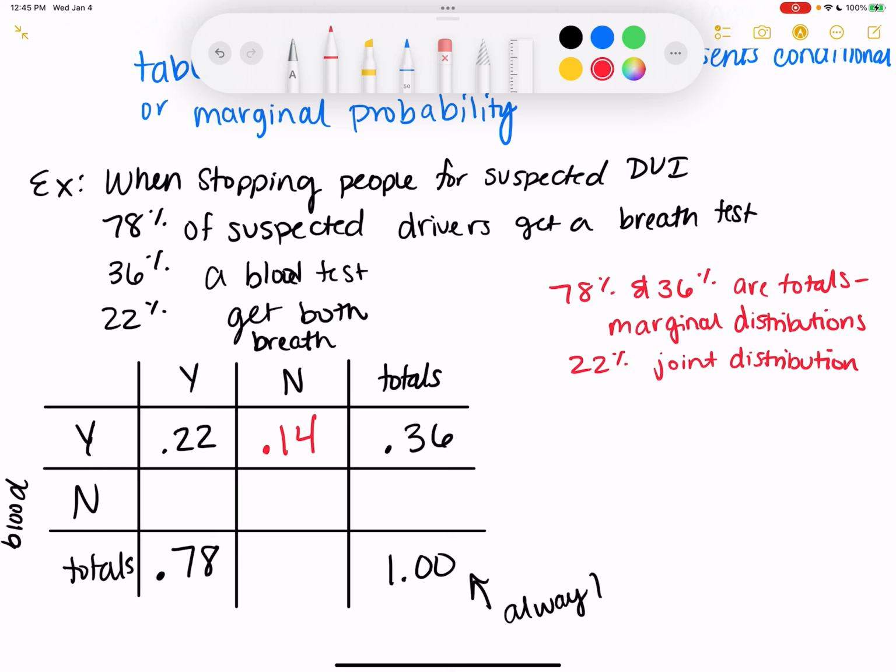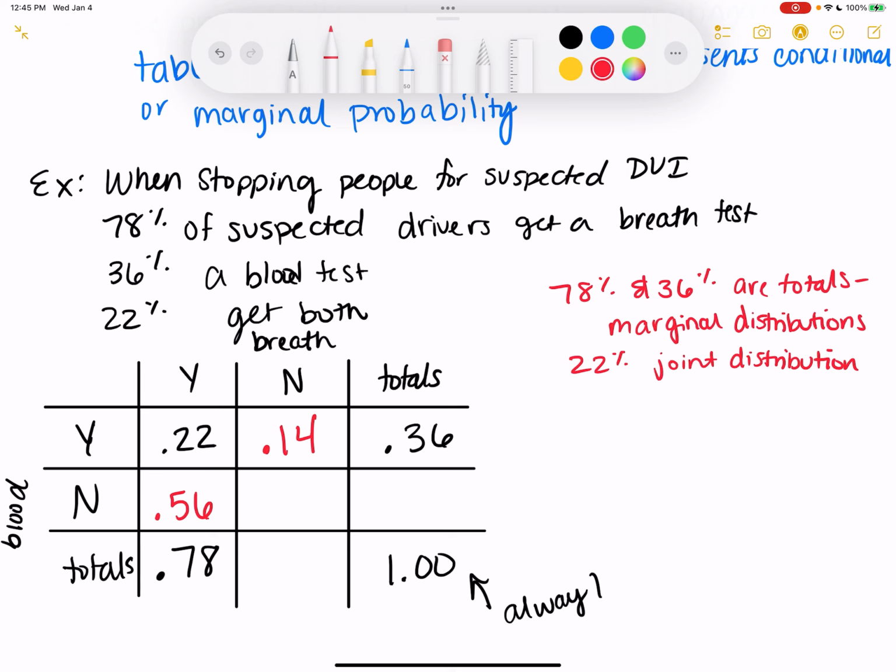So we have 0.78 total. We had 0.22 that was yes for both. So now I need yes for breath, no for blood. And then I can find these other 2 totals, which will end up giving me the no and no.